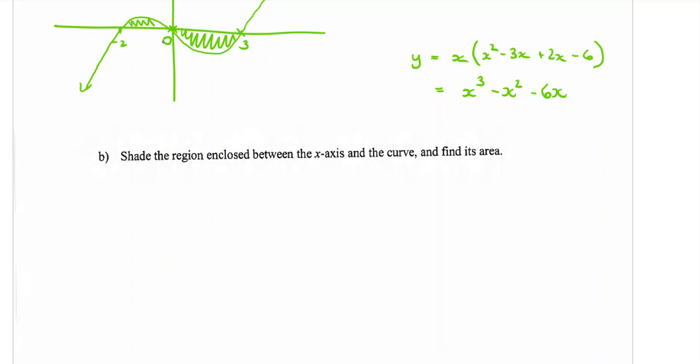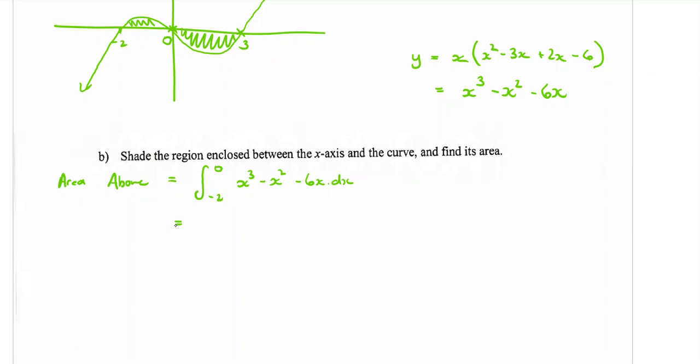Okay, so first of all, I'll do the above. Or I'll say area above. Area above is going to be equal to, and I will integrate from -2 to 0 of the x cubed minus x squared minus 6x dx.